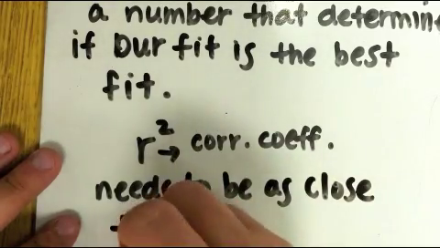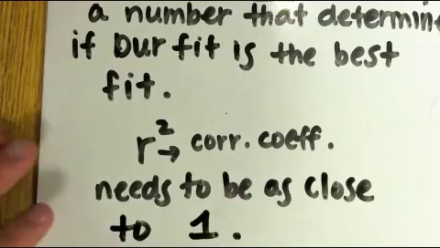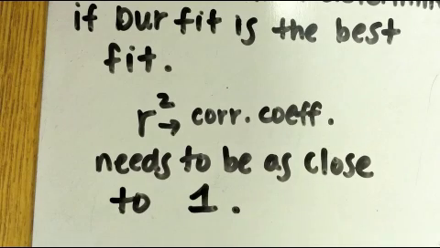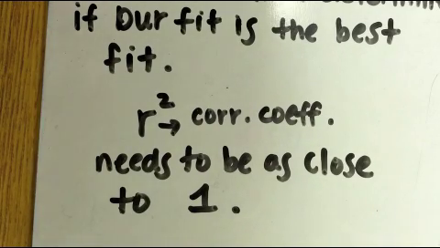Will it ever go over 1? No. The correlation coefficient is a number between 0 and 1. Now, the closer that your correlation coefficient is to 1, the better your fit is going to be. And we're going to look at that more when we actually use some technology. We're going to be using our calculators to do this.